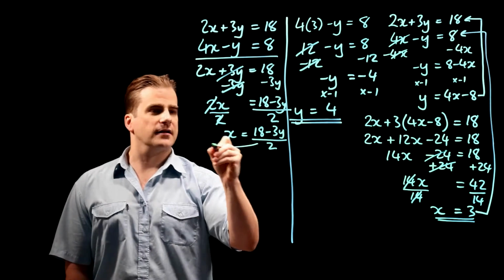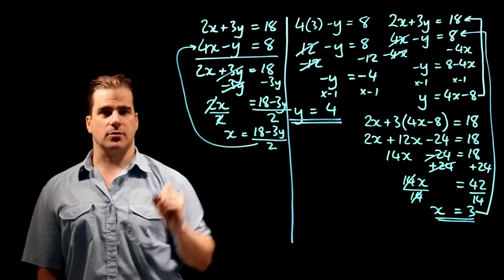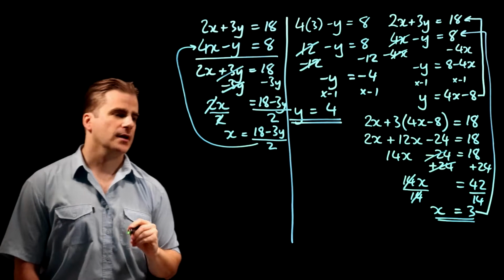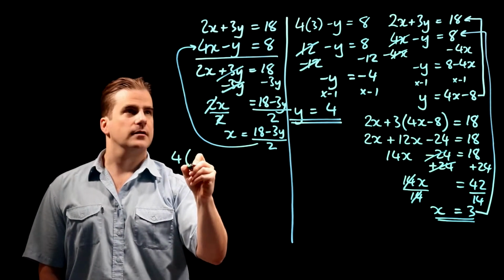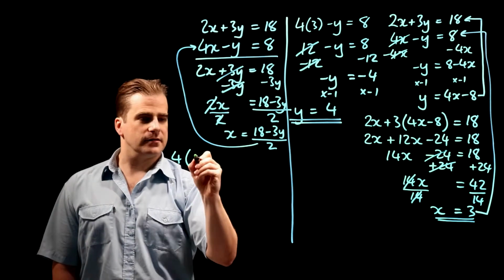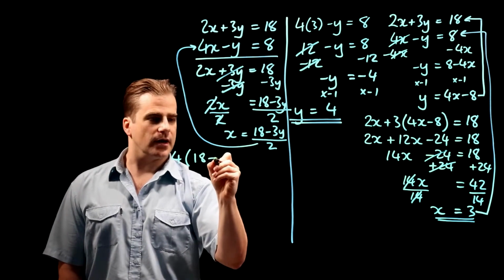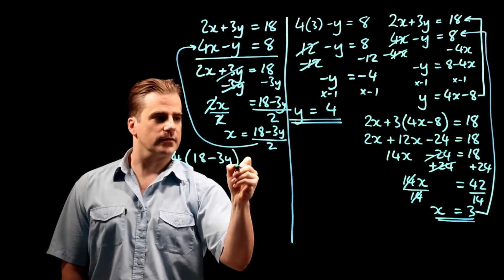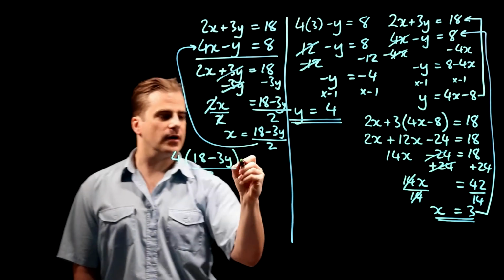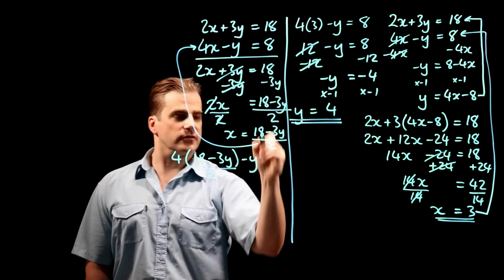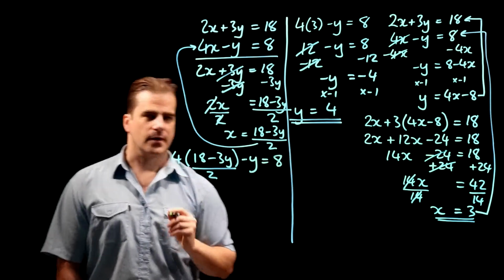So we're going to put that into that equation. So we get 4x, but x is 18 minus 3y over 2. 4x minus y equals 8. Okay?